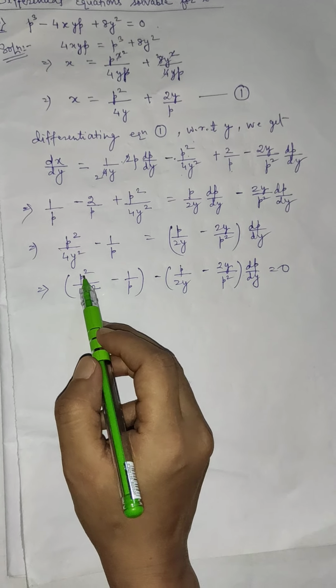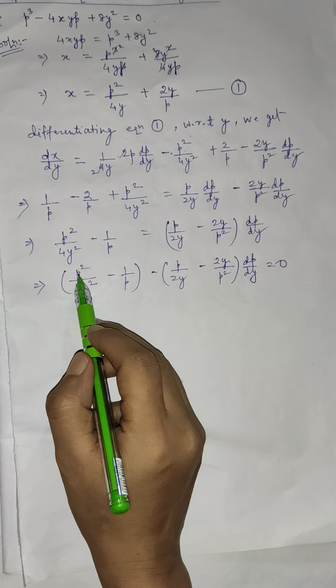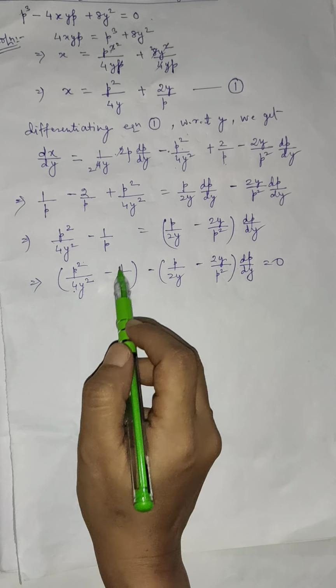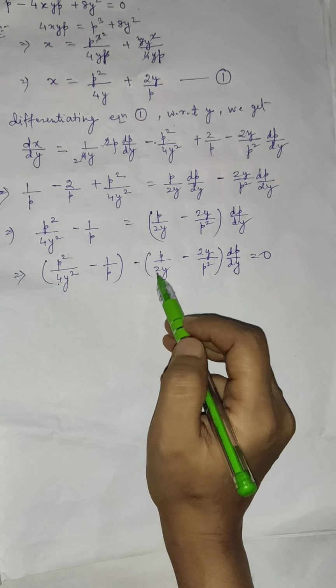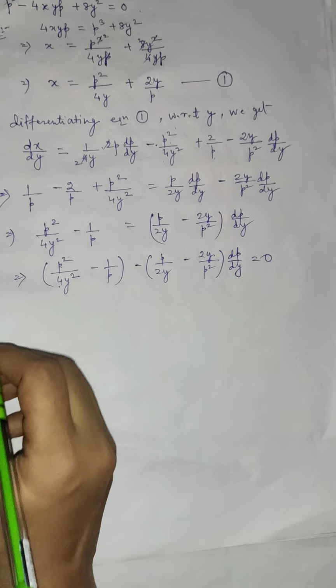Now here we see that we are having p square by 4y square minus 1 by p, and this side we are having p by 2y minus 2y by p square.